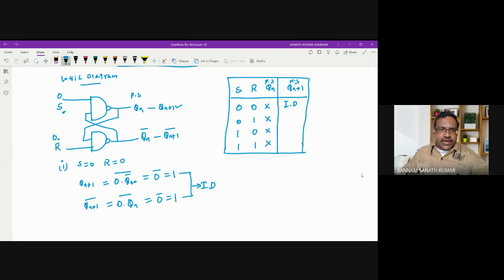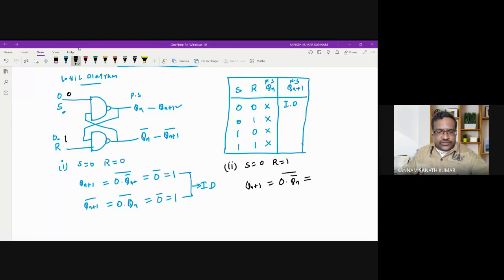Okay, and if you consider the second case, case 2, when S equal to 0 and R equal to 1, what is Qn plus 1? Qn plus 1 equal to 0 into Qn bar whole bar.